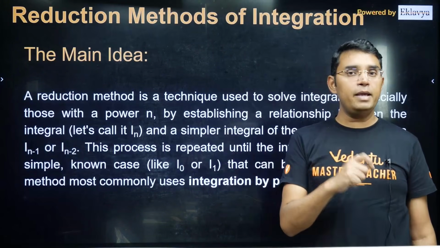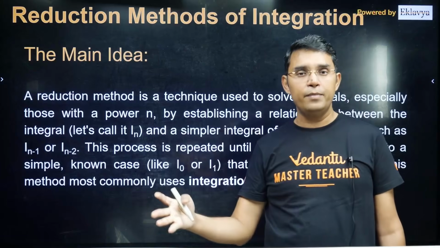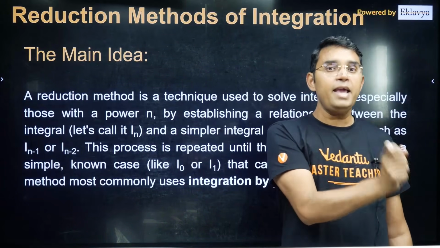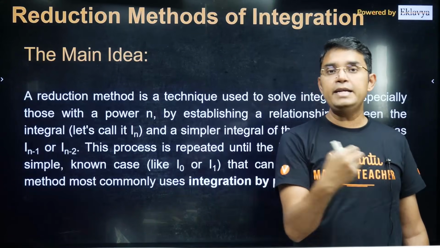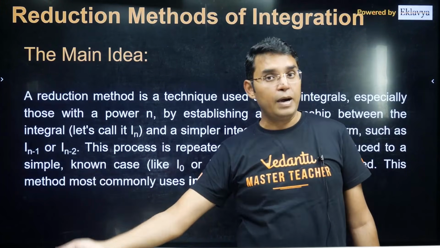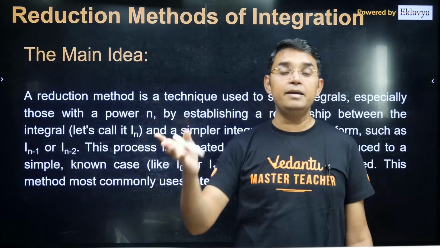You may not be able to solve that integral directly, but you can reduce your integral, let's say in terms of I_n, to I_(n-1) by reducing the power by 1, or that n can be in an angle also.